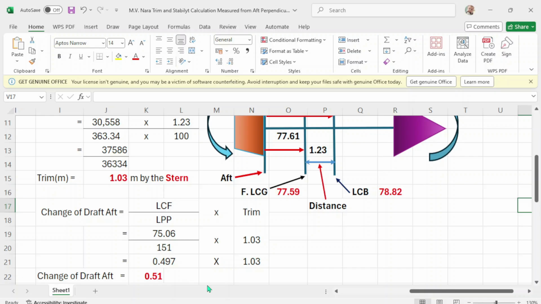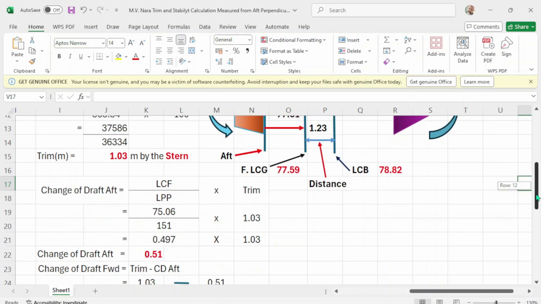Take note, guys, in the last video presentation, the first to compute is your change of drop forward, but here we have the change of drop with a different equation. It's simpler here. Just review the last video and we will see the difference.